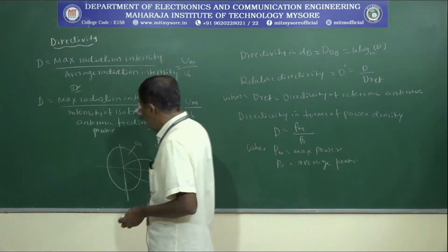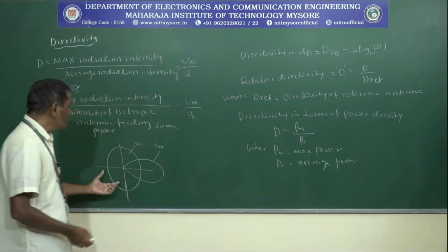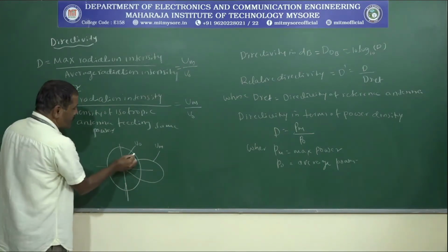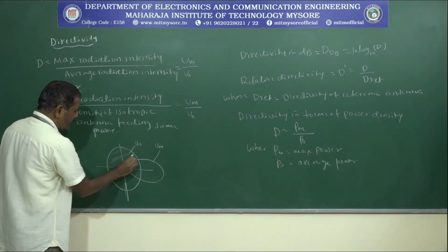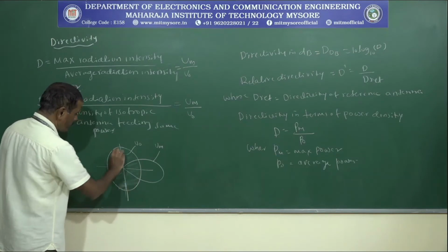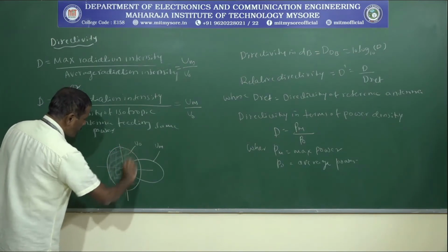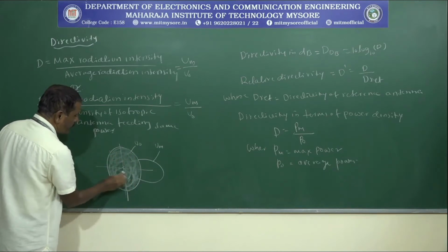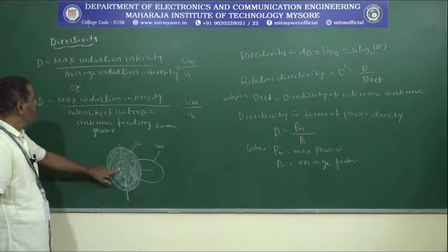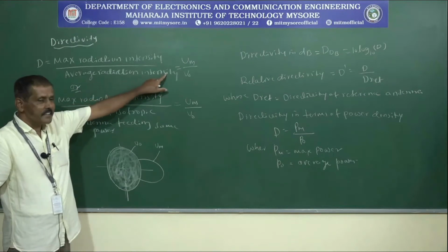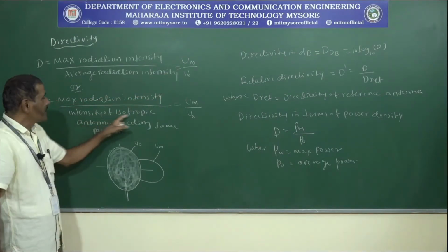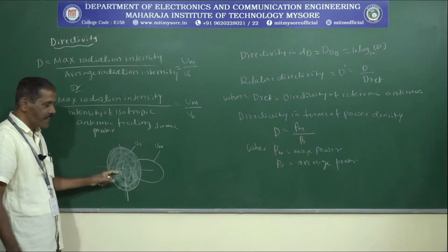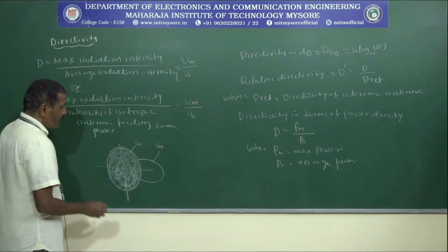The meaning of this is shown in this particular diagram. Whatever this particular circle is, this is the average radiation intensity, or the intensity of the isotropic antenna feeding the same power.